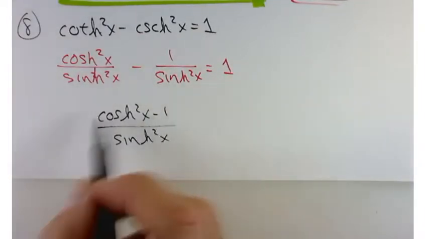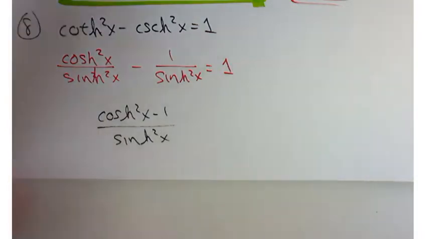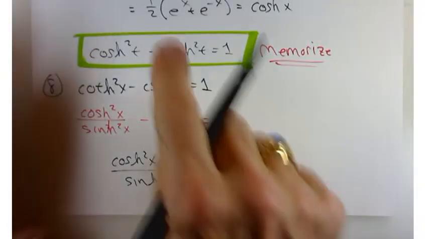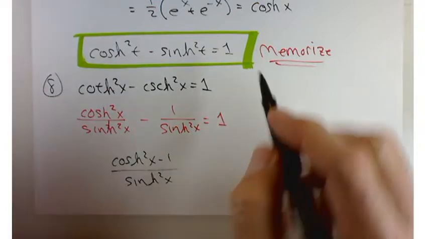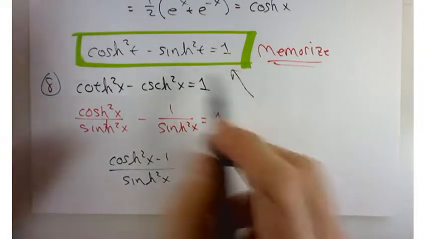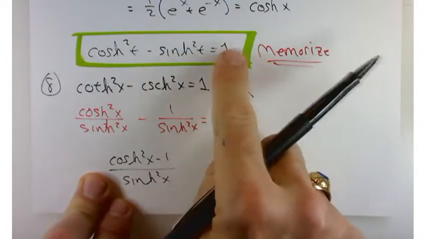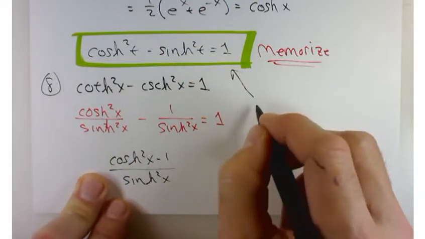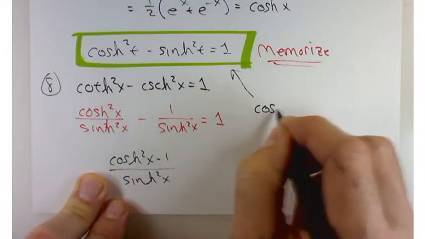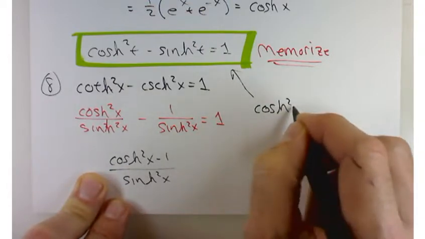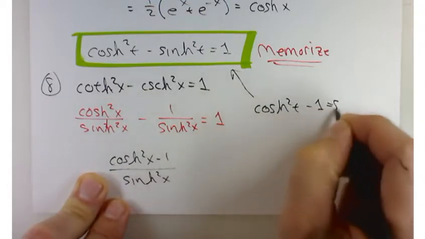Now let's look at the numerator. And here's where it's helpful that we have this one memorized. If I rearrange this, if I move the sinh squared over here and the 1 over here, I can rearrange this as cosh squared of t minus 1 equals sinh squared.